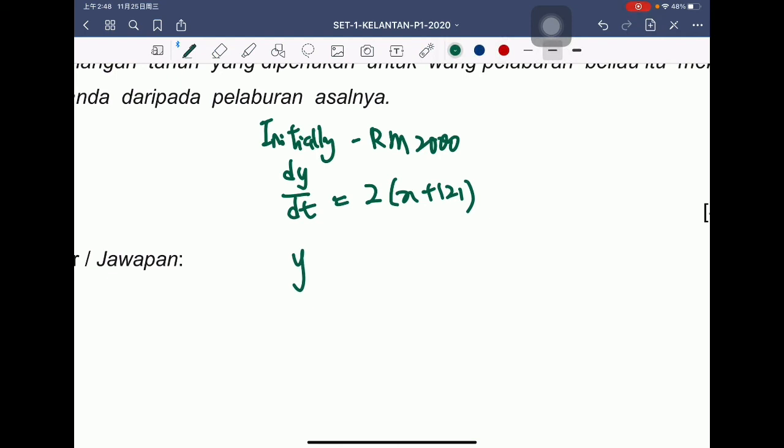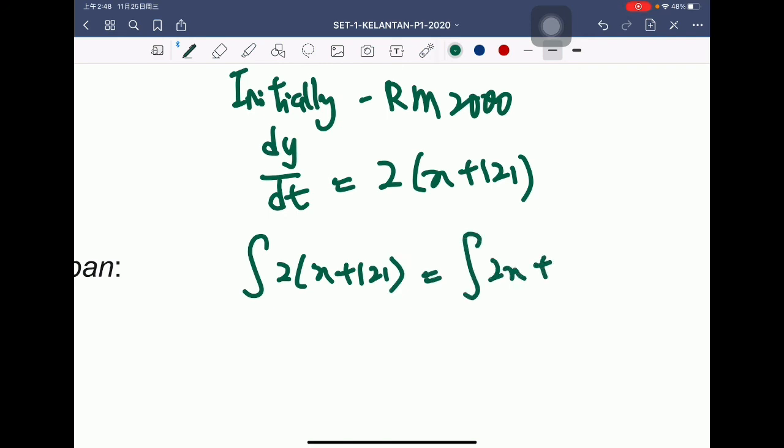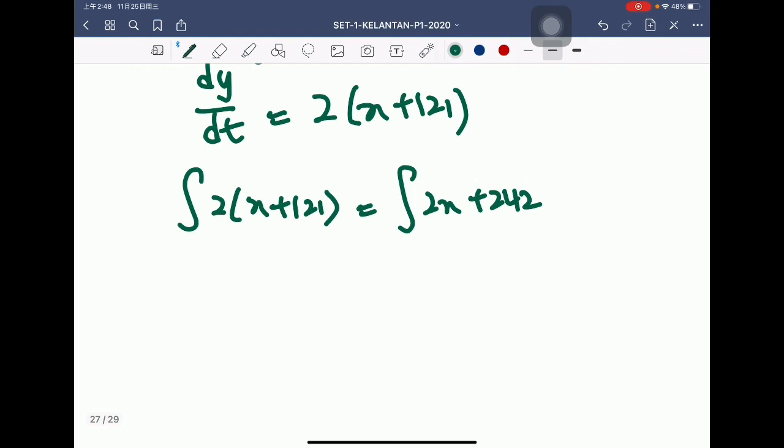Yes, we will use the concept of integration. So we integrate 2(x plus 121), which equals 2x plus 242. After integration, 2x squared over 2 plus 242x. So this is the value of y, and then 2 we can cancel out. So y equals x squared plus 242x.